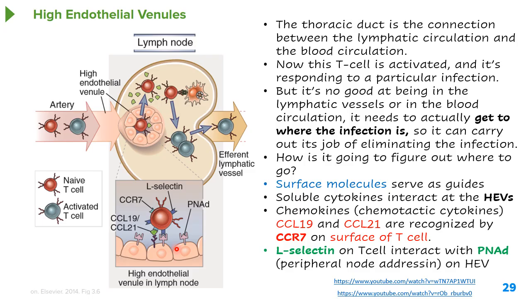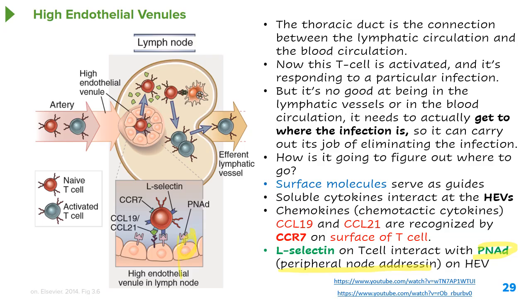Okay, sticky molecule number 1, PNAd. PNAd is for peripheral node addressin, a peripheral adhesion sticky molecule right here. That's your PNAd. That is going to be on your high endothelial venule, right?